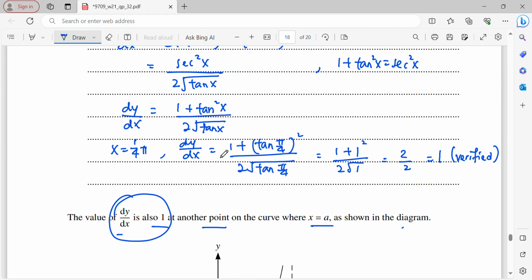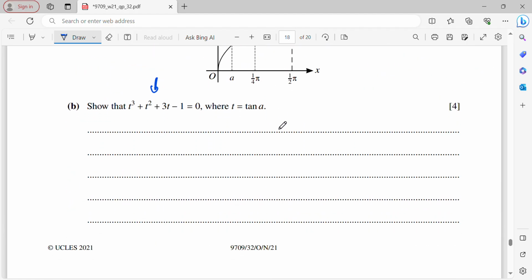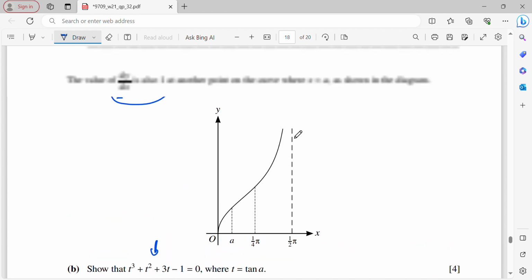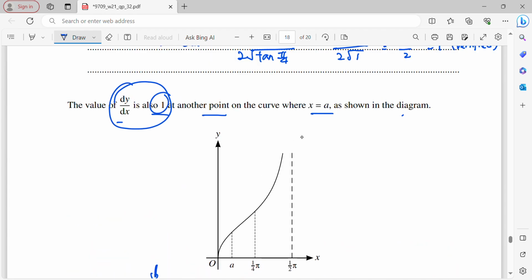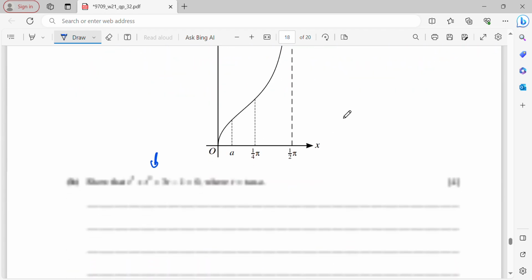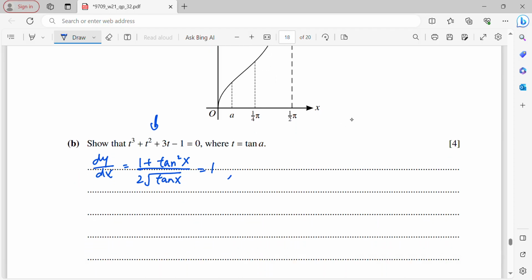Our dy/dx is (1 plus tan squared x) over 2 square root of tan x, and this is equal to 1. Now, when we look at the question, it is 1 when x equals a. So now I have to replace the x by a.